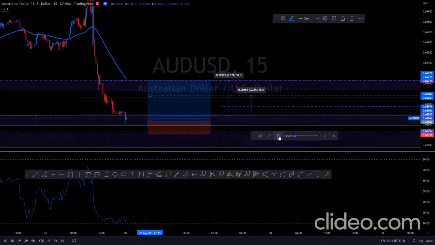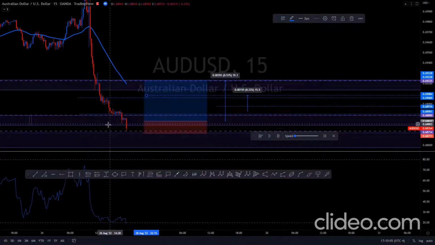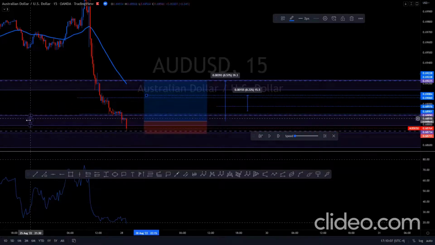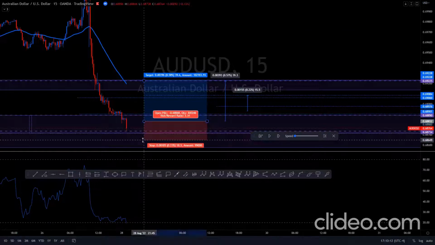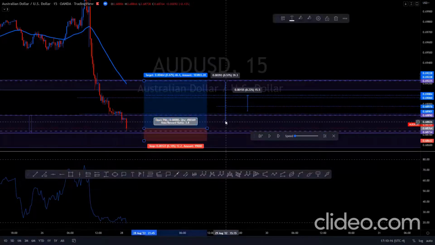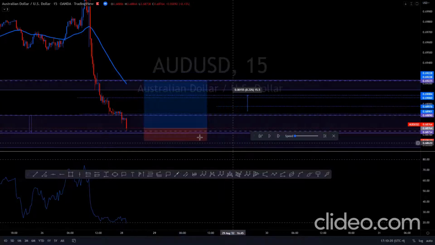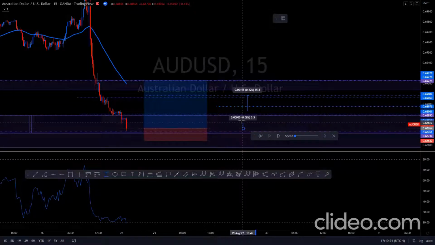Yeah, swing low. Something told me it will probably even come back down to here. So then put my entry down to here. So then ultimately goes up from here.